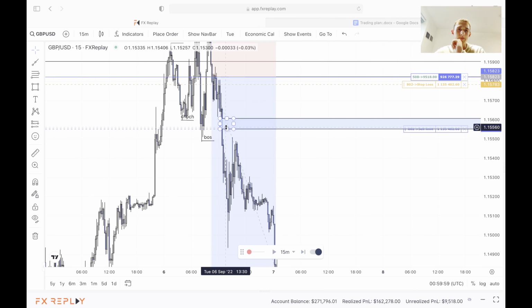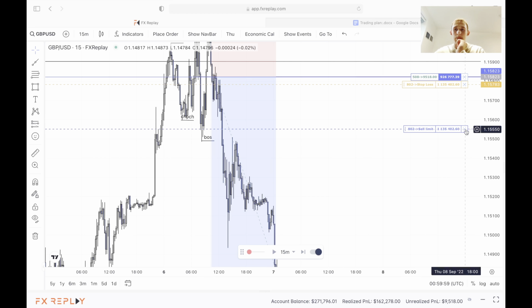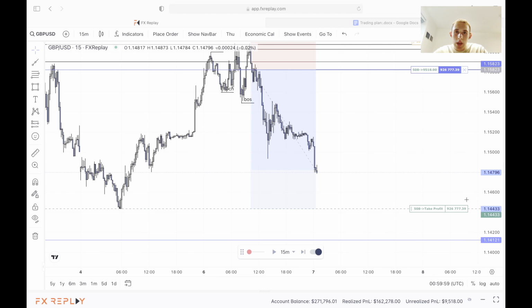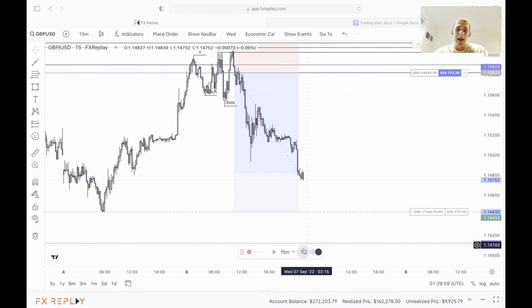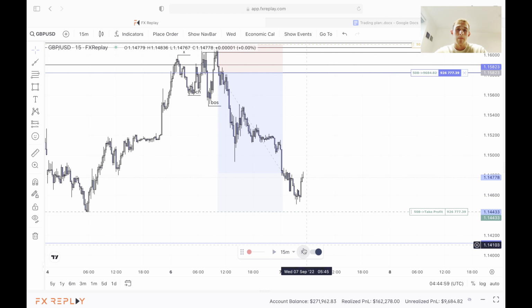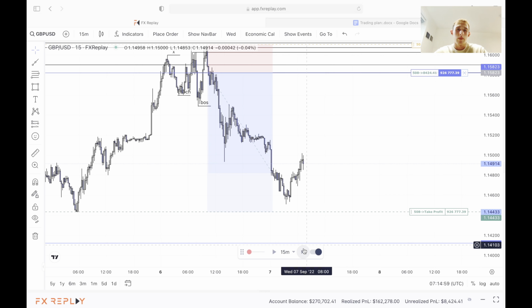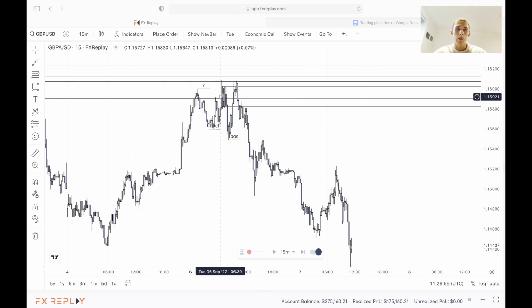No, so I'm going to delete that limit and probably just let this trade play out now. There we go. Nice TP on that one.